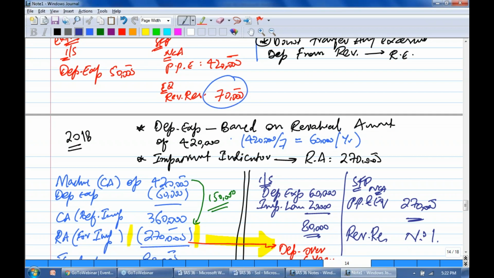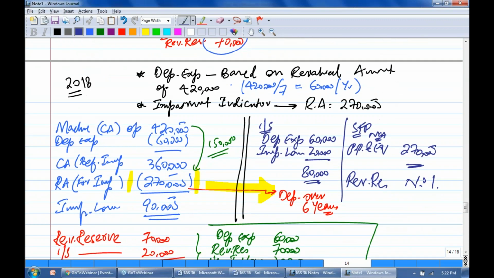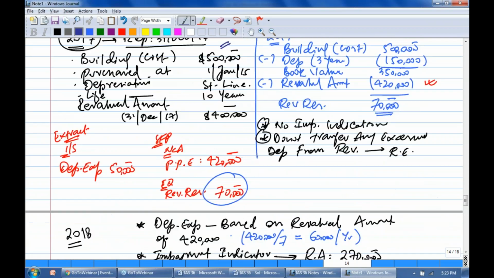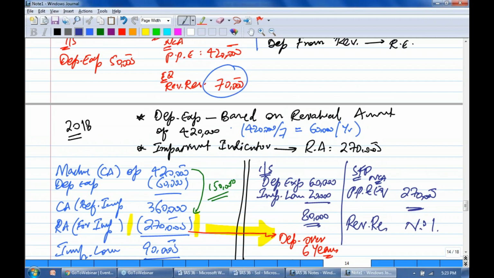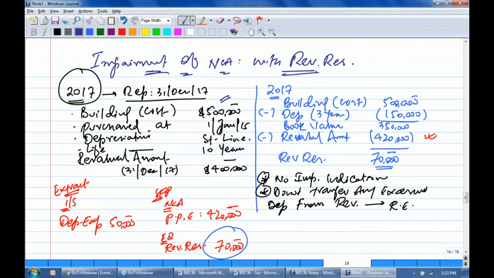Sorry, we purchased the machine in 2015 and we were depreciating 15, 16 on the cost basis of the 500,000.